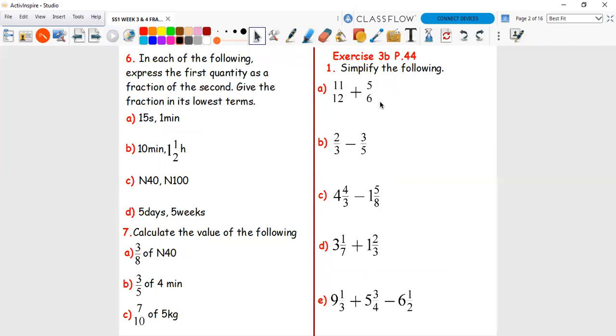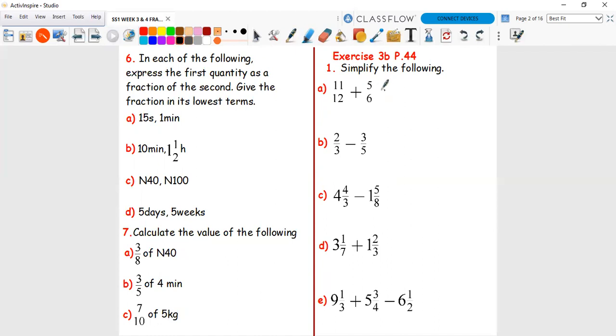Here you are to add fractions, subtract fractions in different formats. Okay, so let me pick a pen and work on it. Okay.